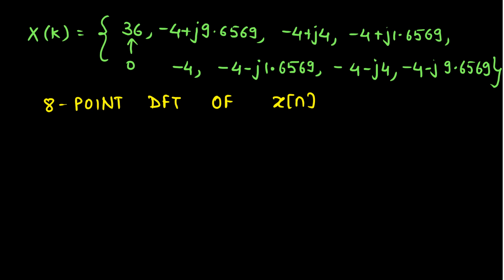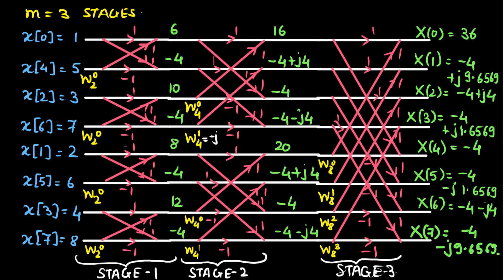If we observe carefully, at the first stage, i value is 1, so we have W 2 to the power 1, that is W2. Similarly at stage 2 we have W 2 to the power 2, so we have W4. At stage 3 we have W 2 to the power 3, so that is W8.